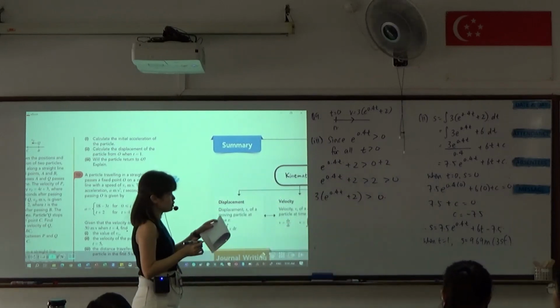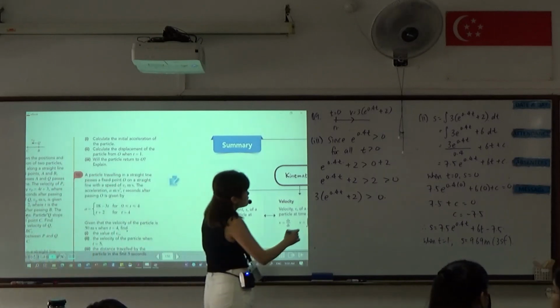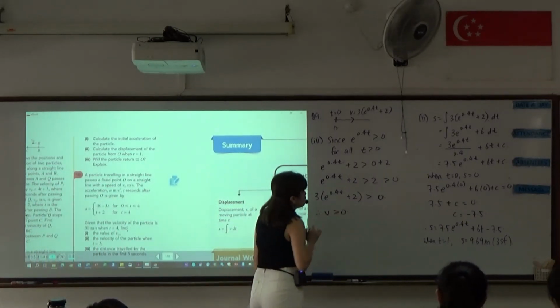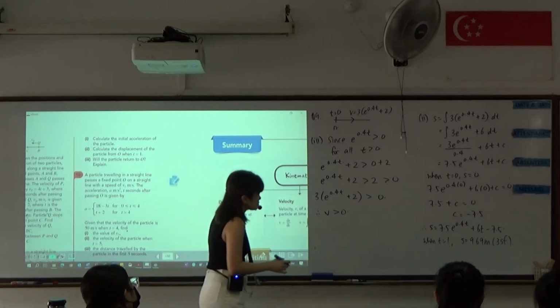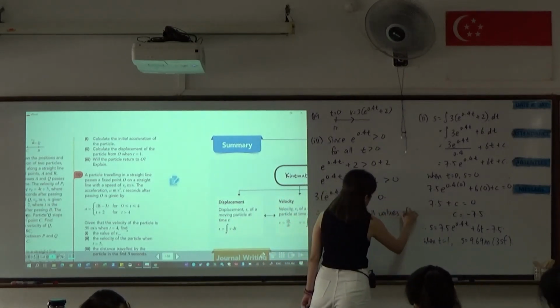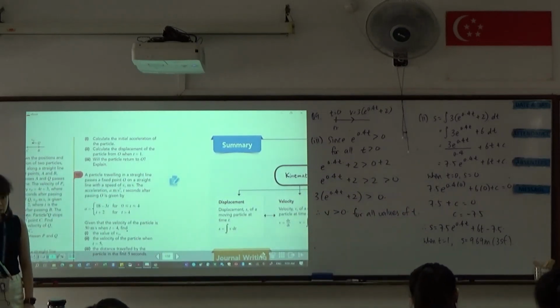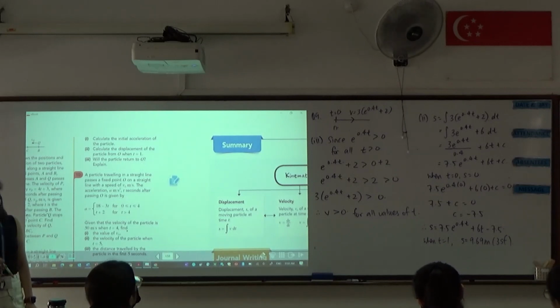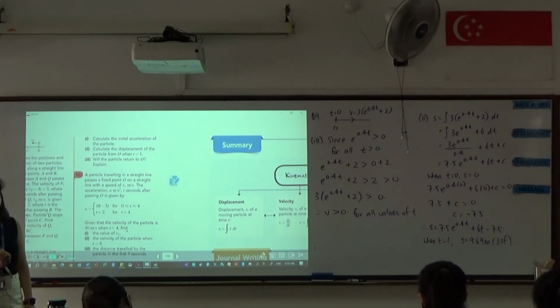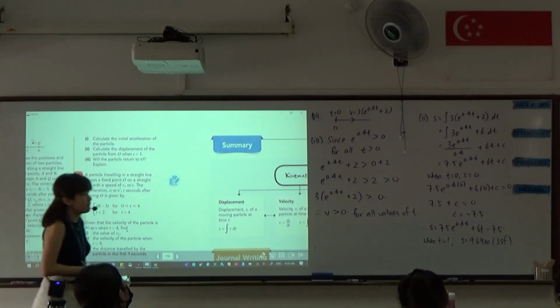Even if you multiply by 3, it will still be more than 0. Therefore, your velocity is more than 0 for all values of t. Because it is always more than 0, it will never equal 0, which means there will never be a turn. Since there will never be a turn, it will never go back to the starting point. You understand the logic?